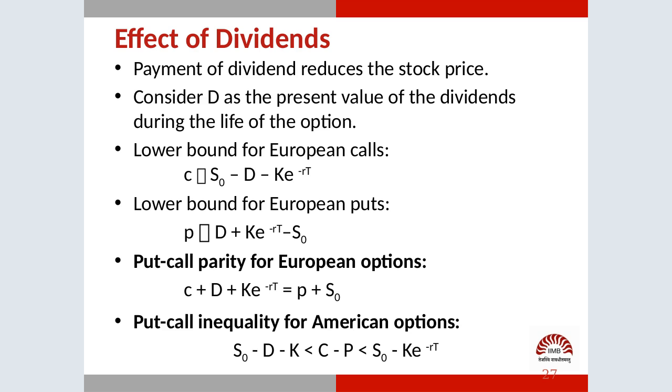Now, with an American option, you cannot get a closed form solution. What do I mean by a closed form solution? You cannot get an equality of the type that we were getting earlier. Why is that? Because remember, in a European option, either the call or the put can be exercised. Both cannot be simultaneously exercised, because only one will be in the money, the other will automatically be out of the money.